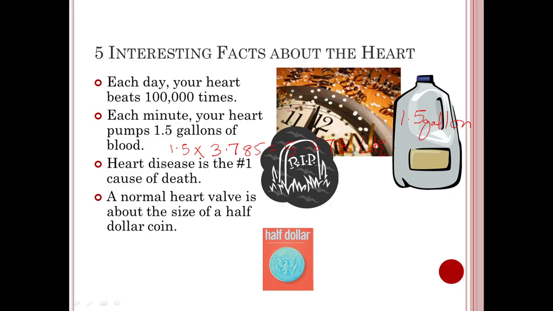These valves keep closed. They do not allow backward flow of blood. Our body cannot afford that backward flow because we don't want oxygenated and deoxygenated blood to get mixed. So the valves are of dollar coin size. You can see the dollar size in this image.